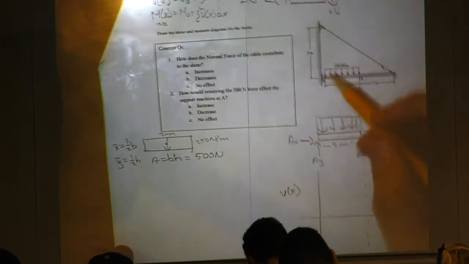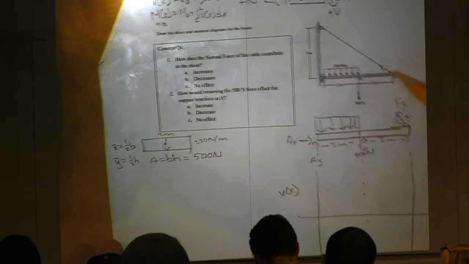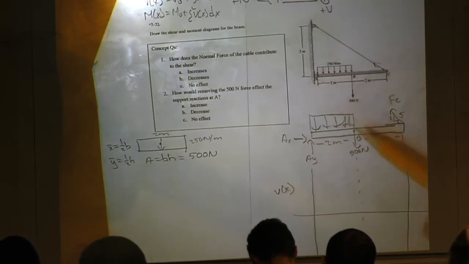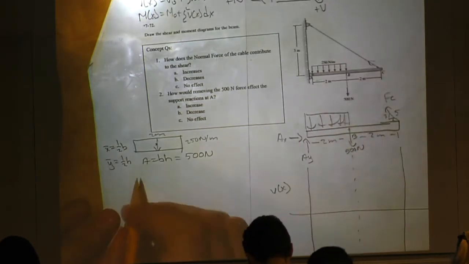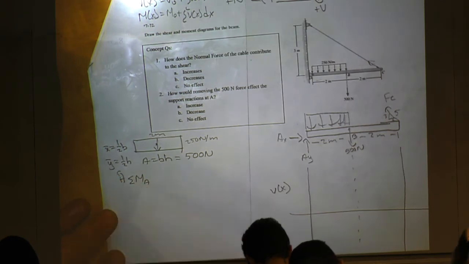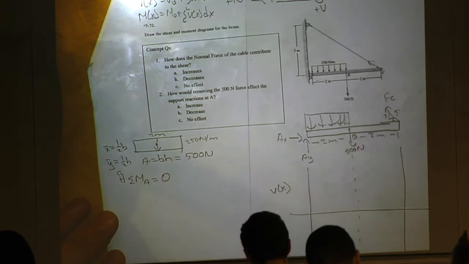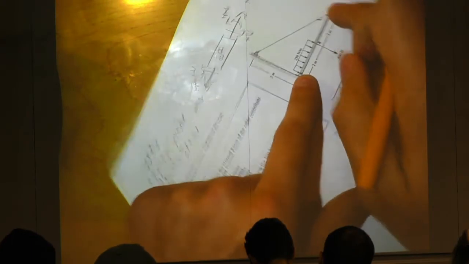So we need to find our support reactions. What I want to do first is find this C, because once I have C, I can then use the sum of forces equation to find my A. So I'm going to take the moment about A, with positive convention, equal to 0.